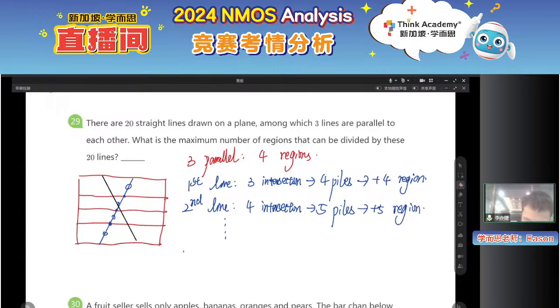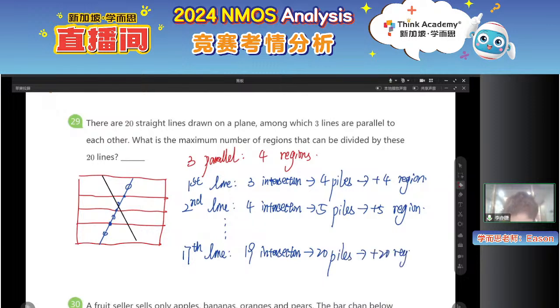And so on all the way to the 17th line. For the 17th line, there are already 19 lines in the plane, so there are 19 intersections divided into 20 piles, so the regions increase by 20.